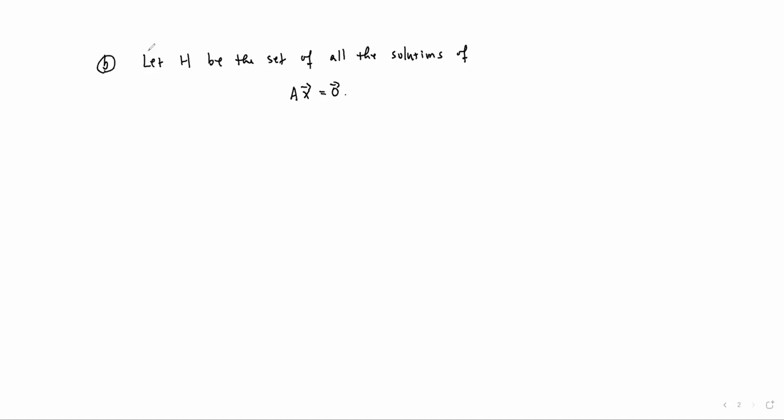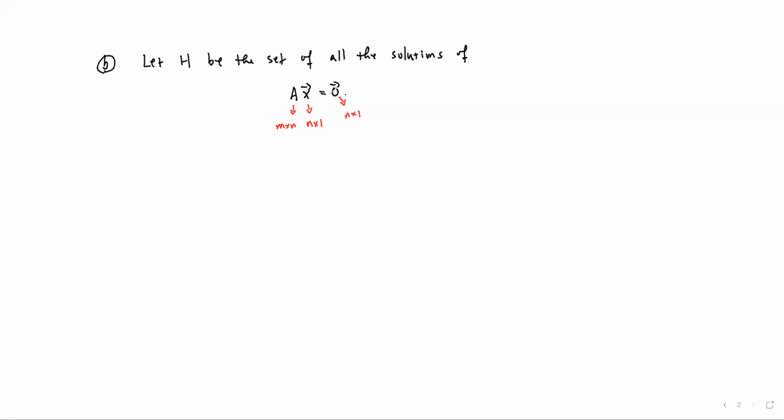Take a look at the size of each quantity in this equation. Matrix A, the size is m by n. X, the solution, the size is n by 1. The right side, m by 1.